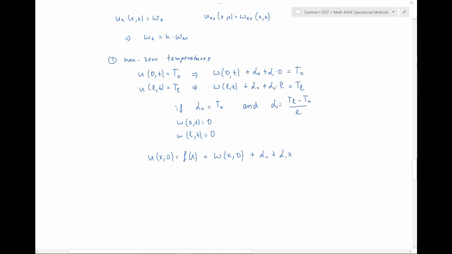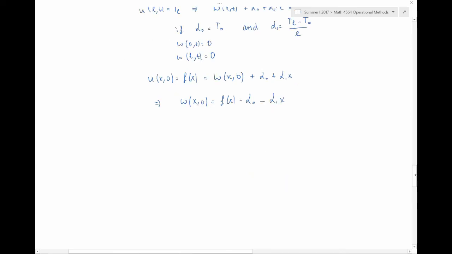That means that w of x,0 satisfies f of x minus alpha naught minus alpha 1 x. So in fact, we just rewrite the function u as a summation of a function w and a linear function, and then the function w has to satisfy 0 endpoint conditions with a slight change at the initial value. So we've reduced the problem to the problem we already studied.